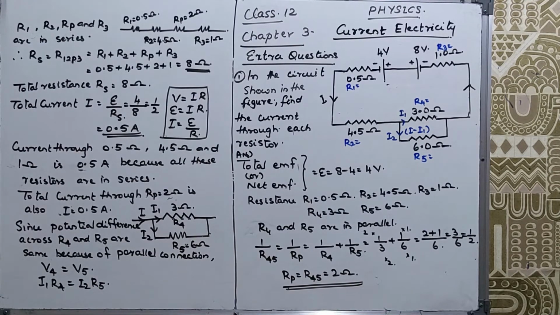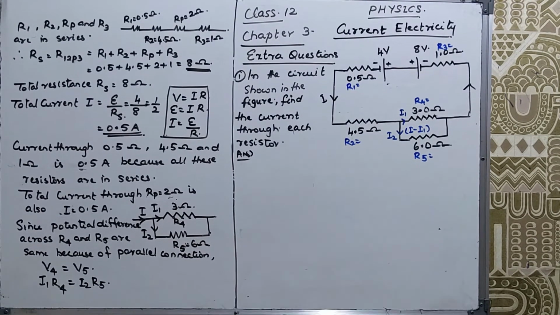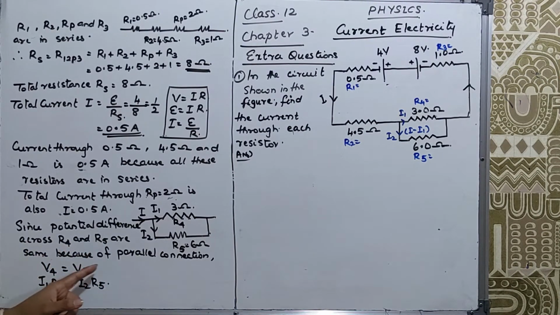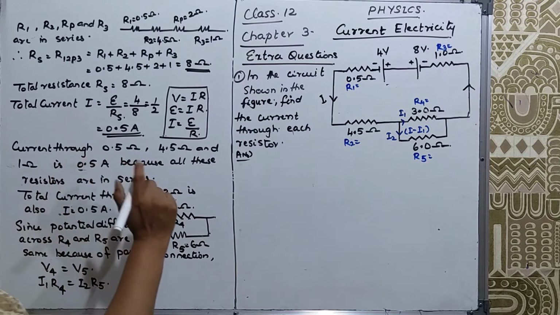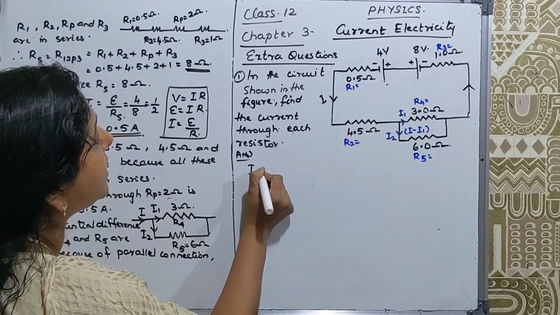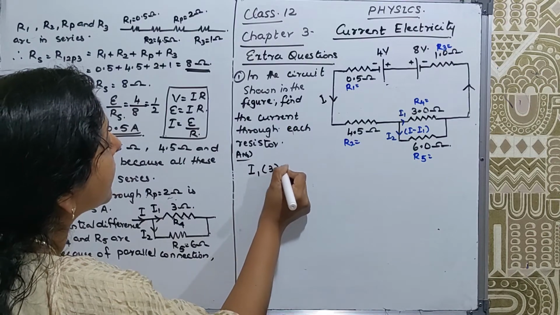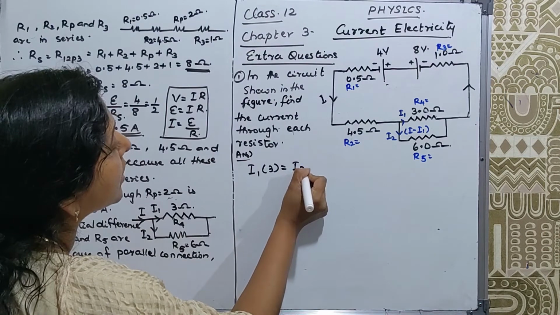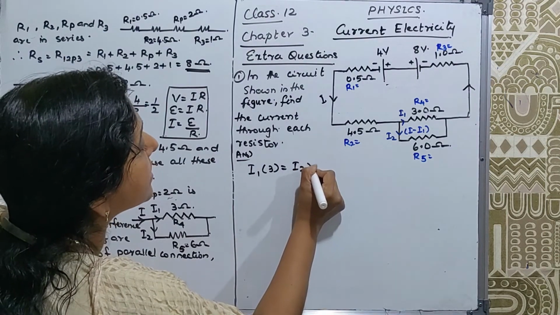Since the potential difference across R4 and R5 is the same because of the parallel connection, V4 equal to V5, so I1 R4 equal to I2 R5 according to Ohm's law. So I1 into 3 equal to I2 into 6.